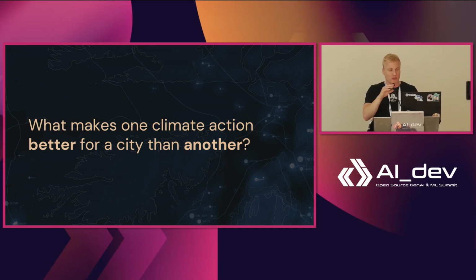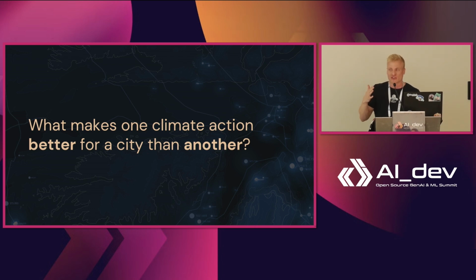So the question is, what makes one action better than another action? If I have two actions that reduce emissions in the transportation sector, obviously one action that reduces more emissions would be better than an action that reduces less emissions.